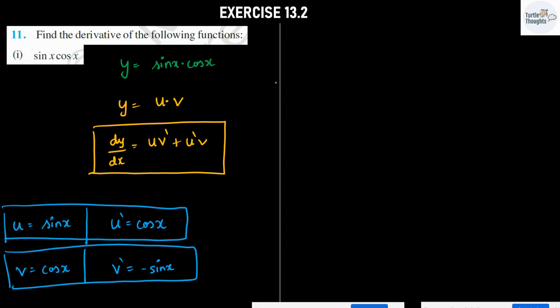Substituting the same in the formula, I will be getting my answer as dy by dx, which is going to be u multiplied by v dash. u is sine x multiplied by v dash. v dash is minus sine x, plus u dash is going to be cos x multiplied by v. v is also going to be equal to cos x.